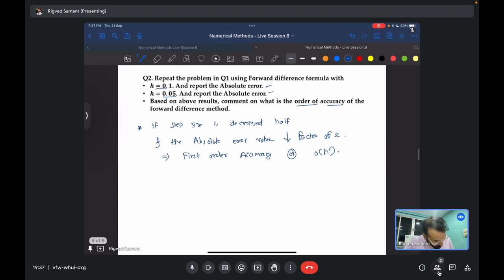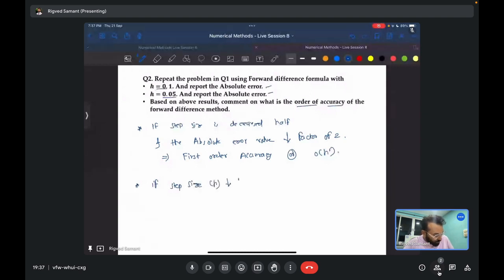If step size h is decreased by half, or a factor of half, and absolute error decreases by a factor of 4, it implies second order accuracy, or O(h^2).